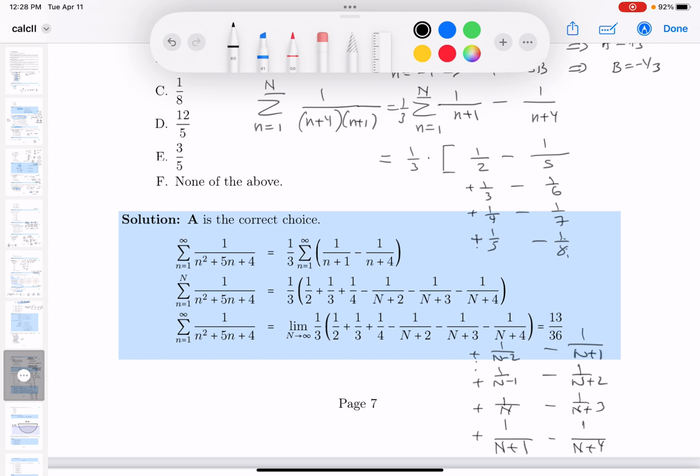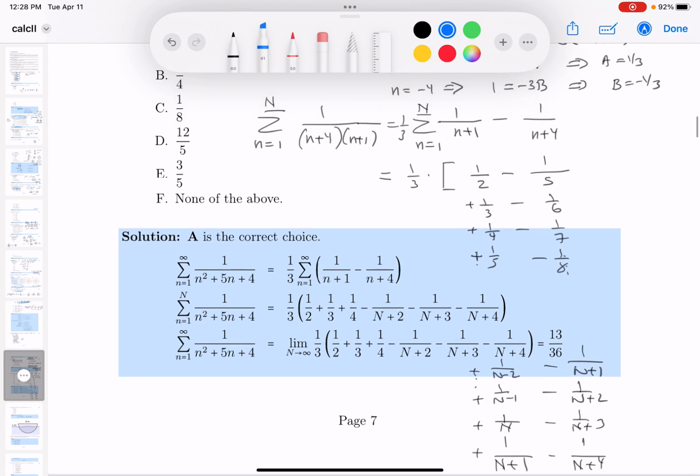I want to go through the cancellations for you. I'm seeing it collapse this way. Then I would see this collapsing over here, this one collapsing over there, that one collapsing over there. And if I went backwards, I'm seeing the collapse over here. So what would I see in S_n, and this is S_n, by the way?